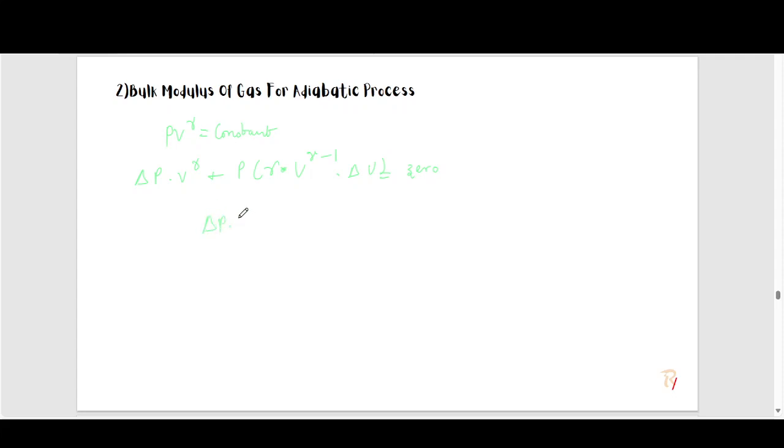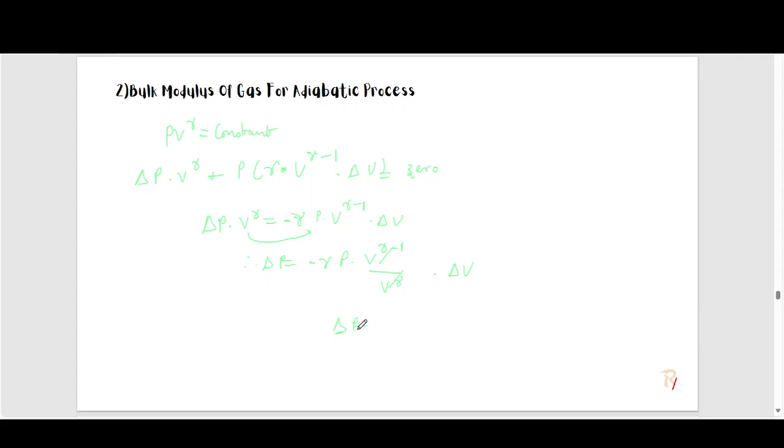Del P into V to the power of gamma equals minus gamma into P V to the power of gamma minus 1 into del V. Therefore del P equals minus gamma into P into del V upon V, as the powers of V cancel.